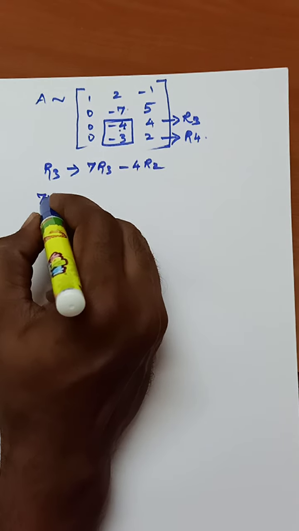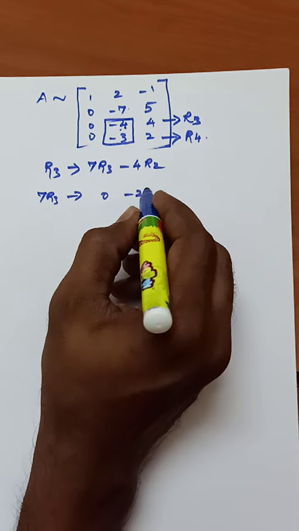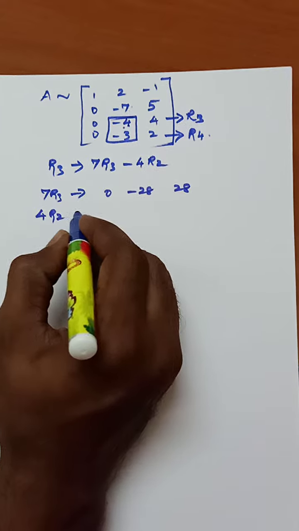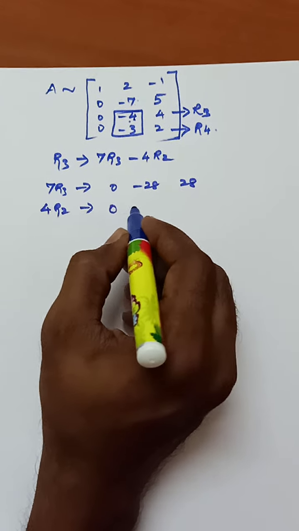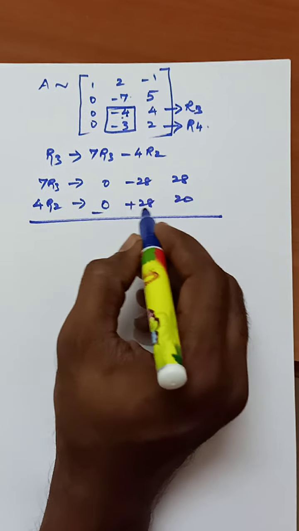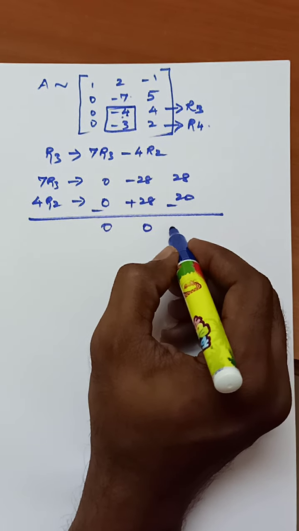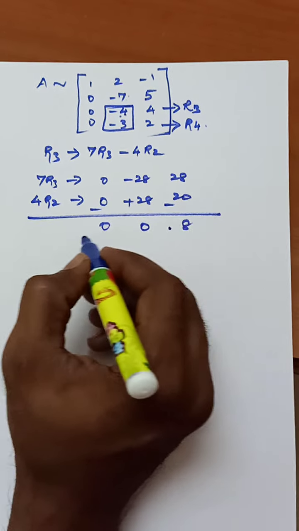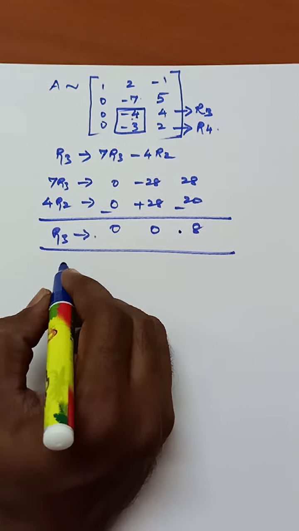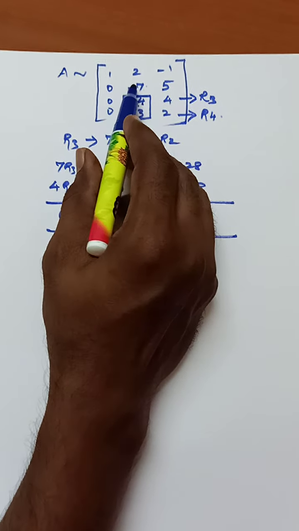So 7 times R3 becomes 0, minus 28, 28. And 4 times R2 is 0, minus 28, 20. Subtraction, minus plus minus, so it becomes 0, 0, 8. This is your new R3. Now again row 4 tends to: here you have minus 3, here you have minus 7.